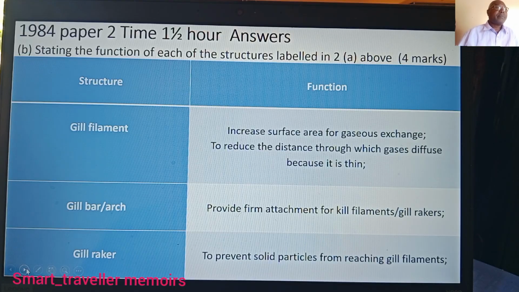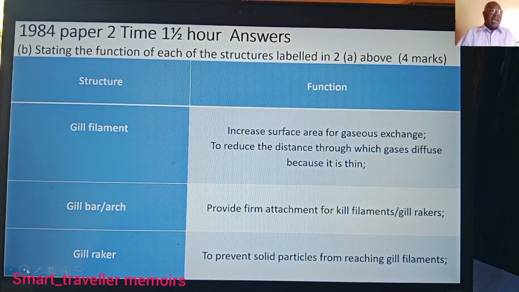Question 2b. Stating the function of each of the structures labeled in 2a above. We have a column of structure and a column for function. So for the structure gill filament, the function is to increase surface area for gaseous exchange, and another function is to reduce the distance through which gases diffuse because it is thin.